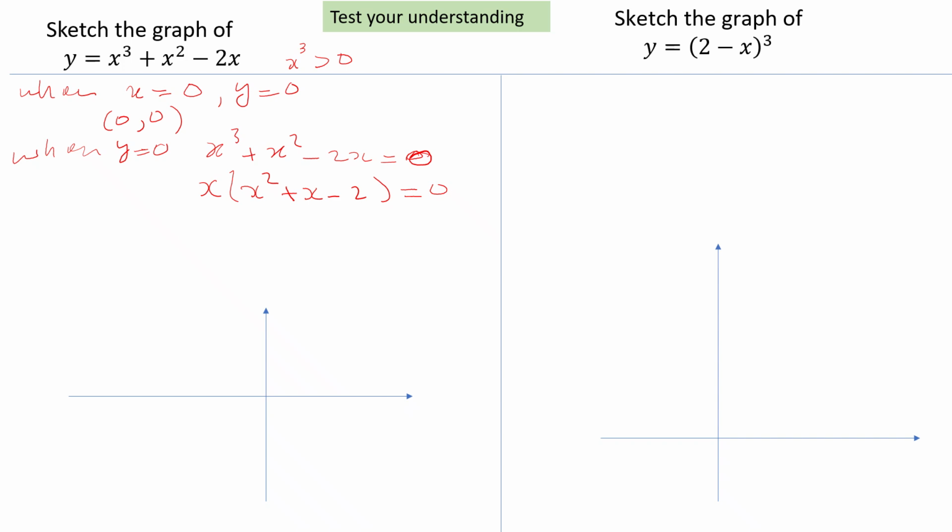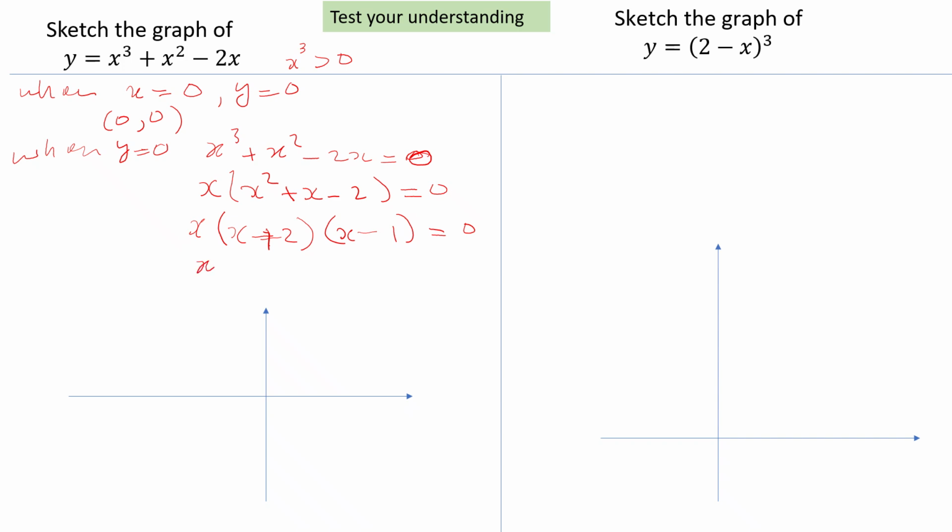We need to factorize x times. If you multiply minus 2, if you add positive 1, so x minus 2 plus 1. Sorry, plus 2 minus 1. If you multiply plus 2 times minus 1, minus 2. If you add plus 2 minus 1, plus 1.